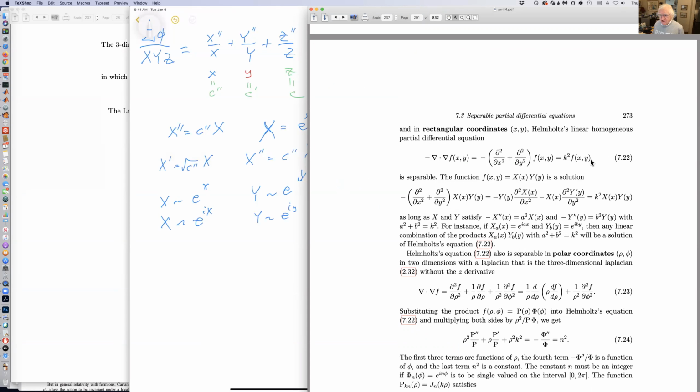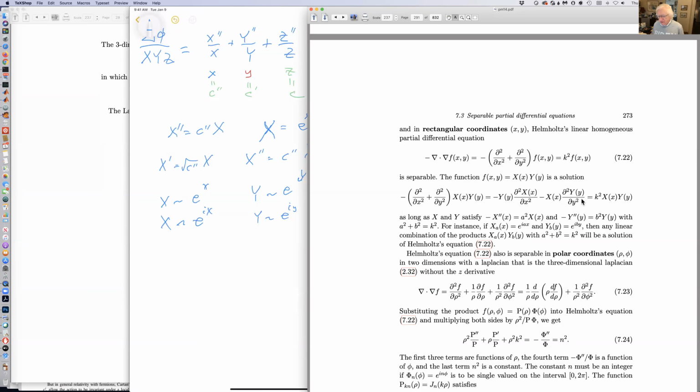Now, we have the same f on both sides. Notice this is not the same as Poisson's equation. In Poisson's equation, we had phi here and then we had rho there. Here we have f on both sides. So Helmholtz's equation is much simpler.